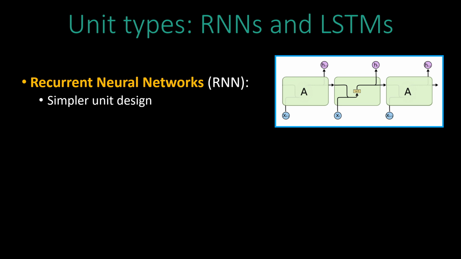Okay, so there are various types of designs of these units. I will not go too deep into explaining how they work exactly. At the end of this lecture, I will link to two blogs which will explain all the details about the simpler RNNs and the later models as well.